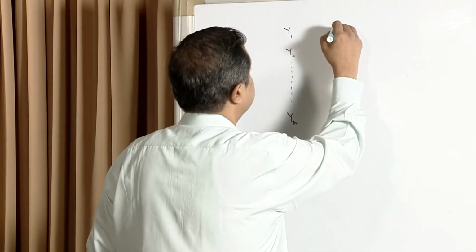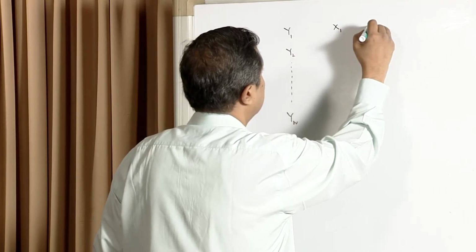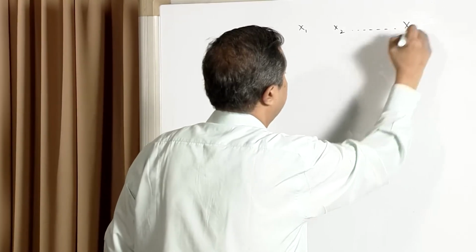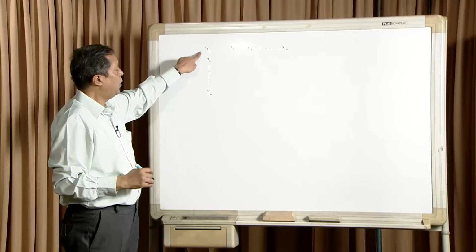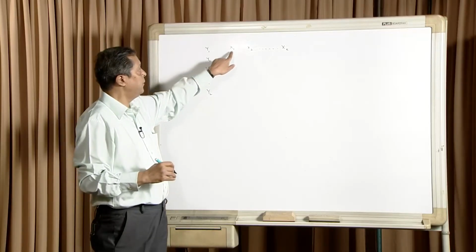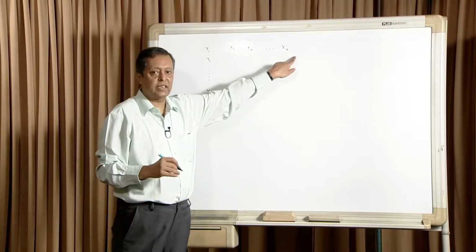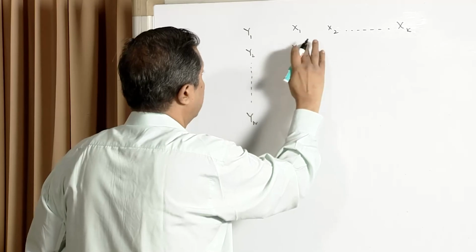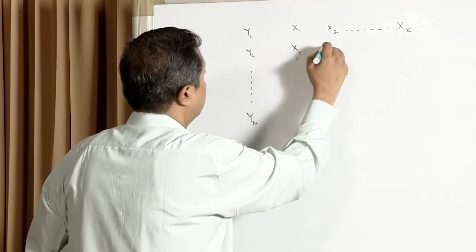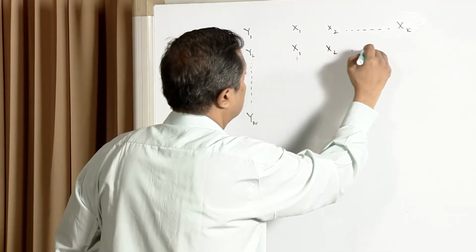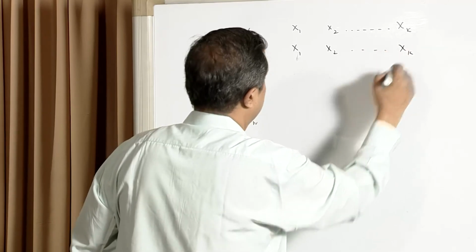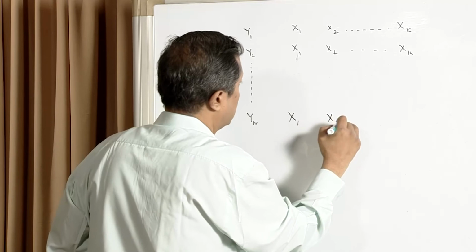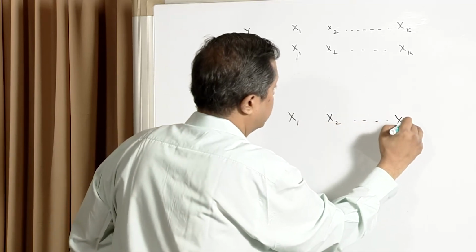So, we write x1, x2 through xk, because y1 is explained with the help of x1 through xk. Similarly, y2 is also explained with the help of x1, x2 through xk, and finally yn is also explained with the help of x1, x2 through xk.